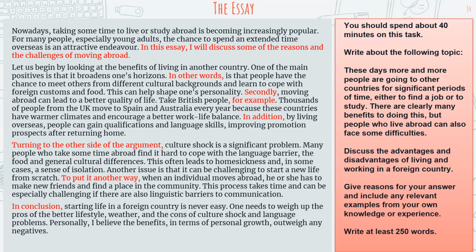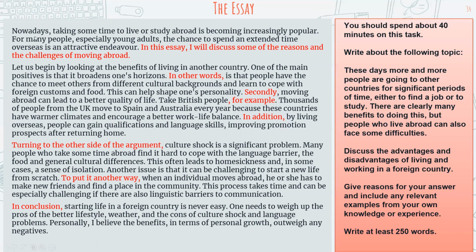I said live or study abroad. Okay, so this is a paraphrase. For an extended time, the question says significant periods of time. I said extended, for an extended time overseas. Okay, so I used different words. This is very good. You have to do this.